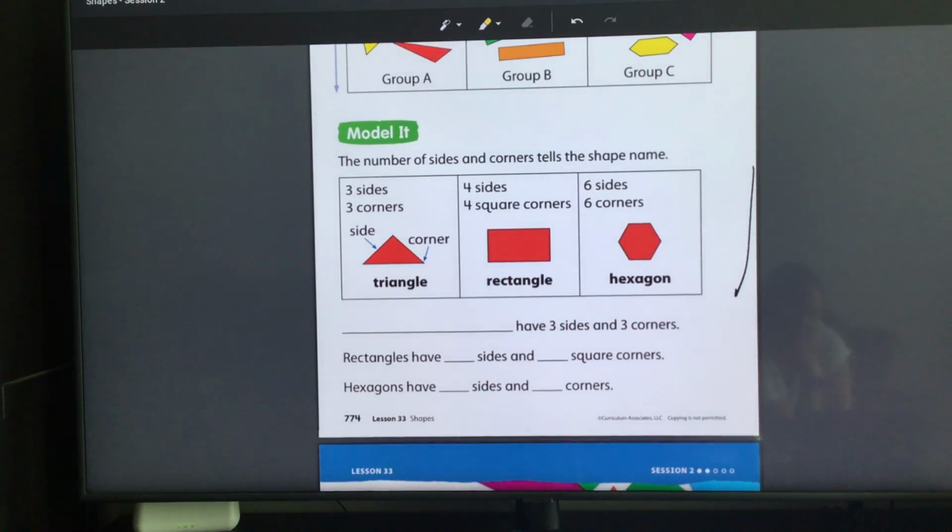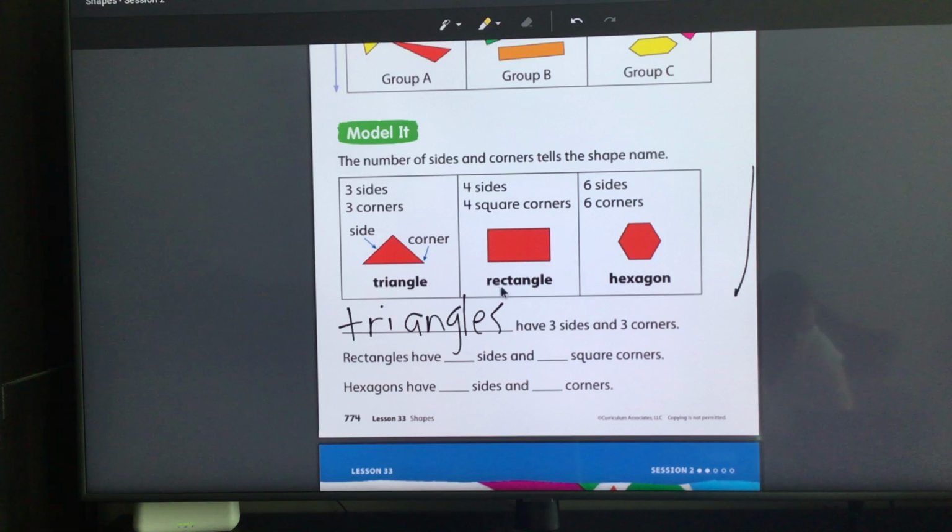Okay, so it says blank have 3 sides and 3 corners. Which shape up there does it say has 3 sides and 3 corners? Right here, 3 sides, 3 corners. That shape is a triangle. So on the line here, we're going to write triangles. Rectangles have blank sides and blank square corners.